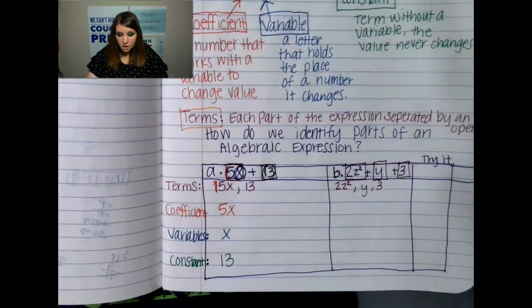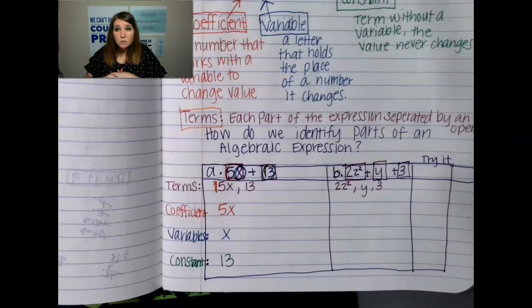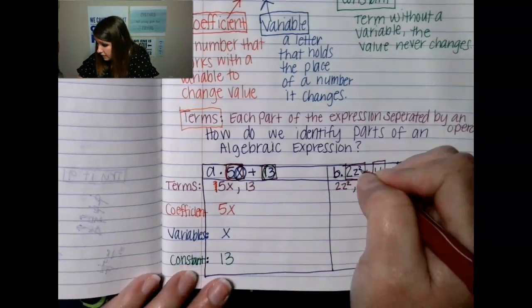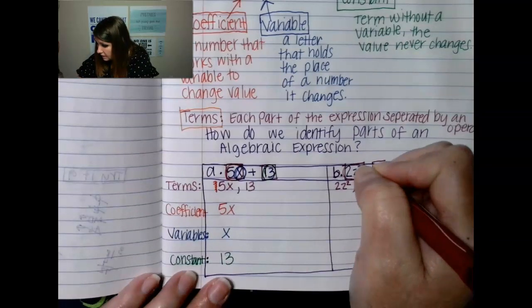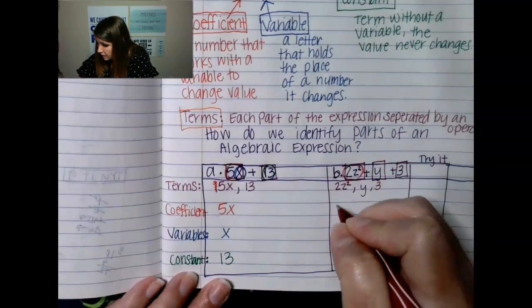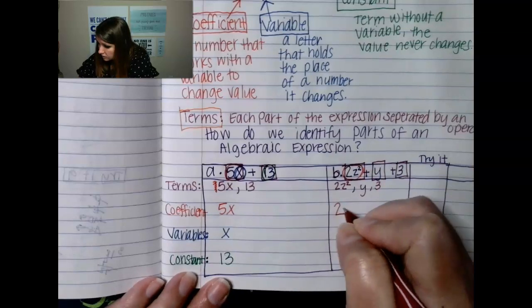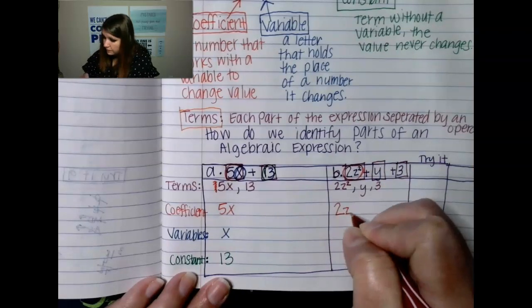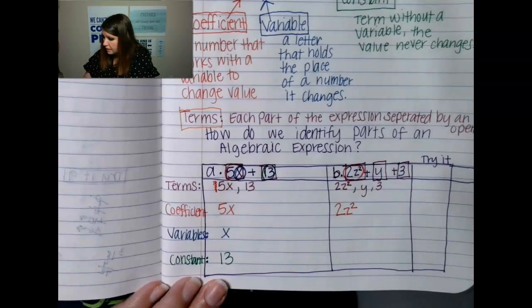Coefficients. Remember, the coefficient is dependent on a letter to do its job. It doesn't have value unless it has a letter next to it. So which one of these has a letter stuck to it and won't have any value unless that letter is there? Yeah, the 2z squared. So this is a coefficient, 2z squared. And I don't see any others.